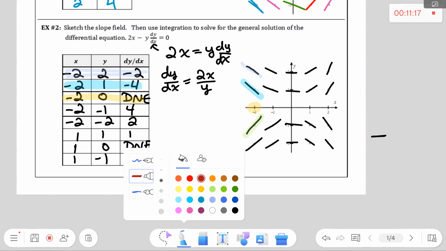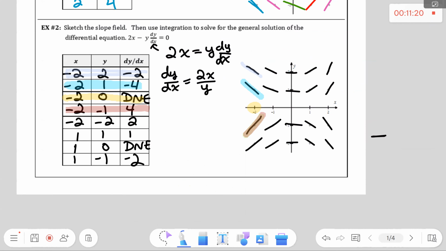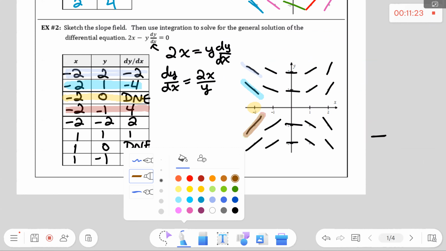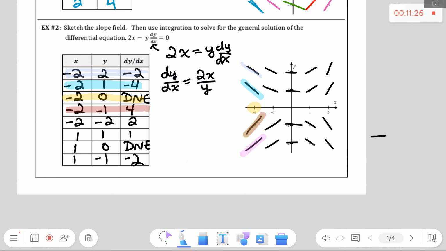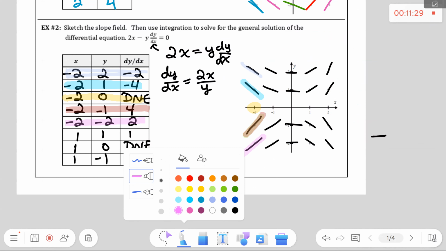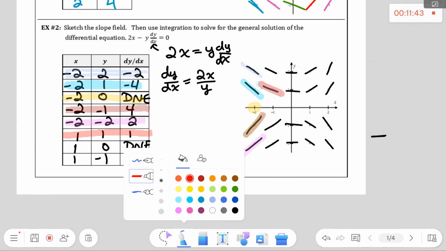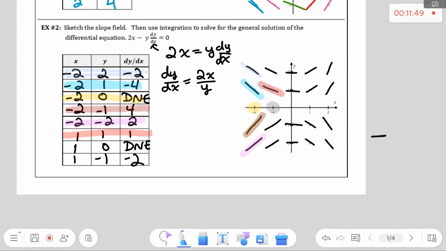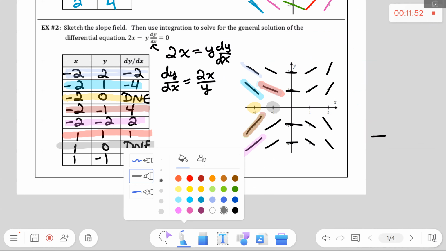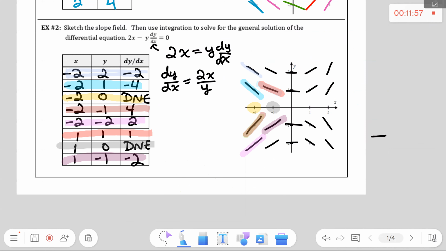That was too much yellow. -1. There you go.